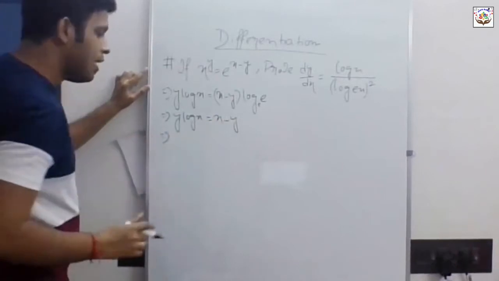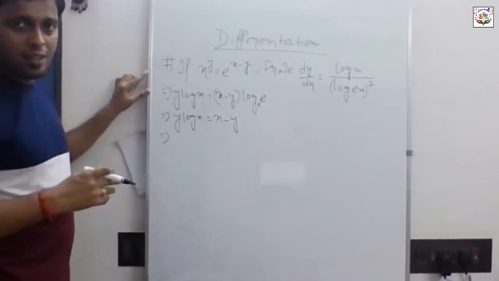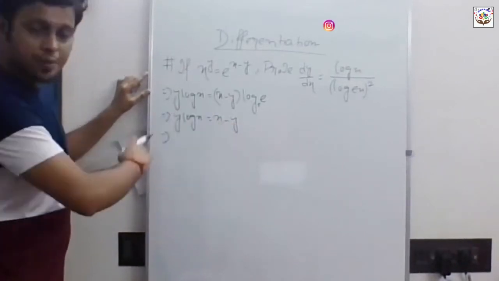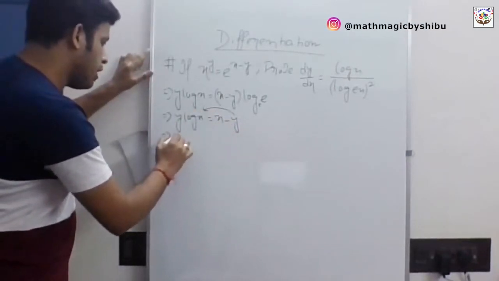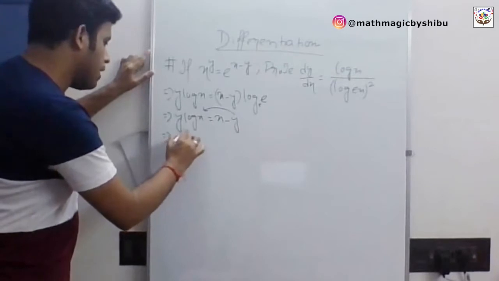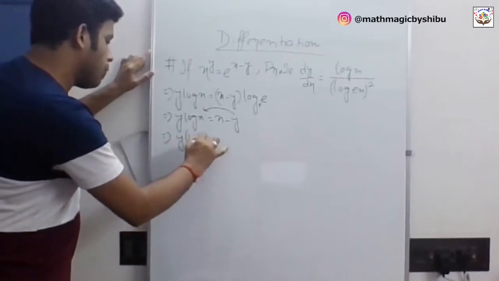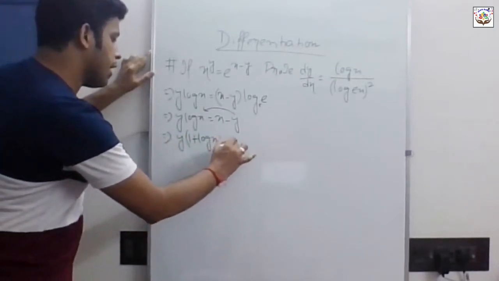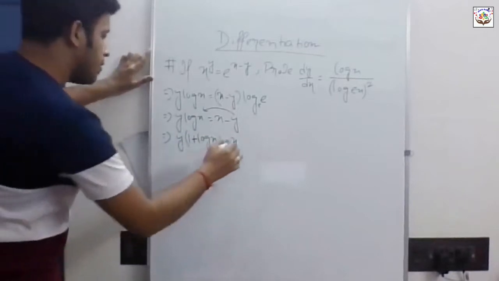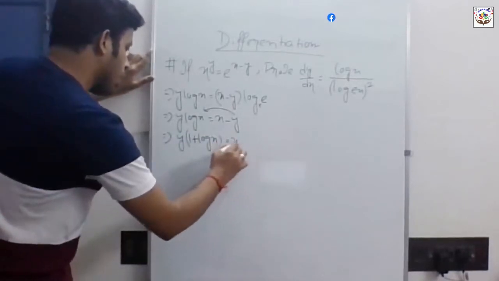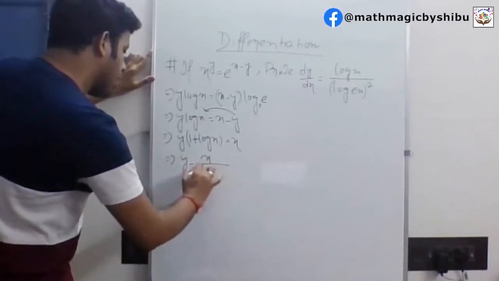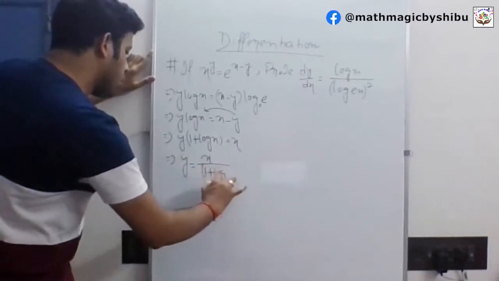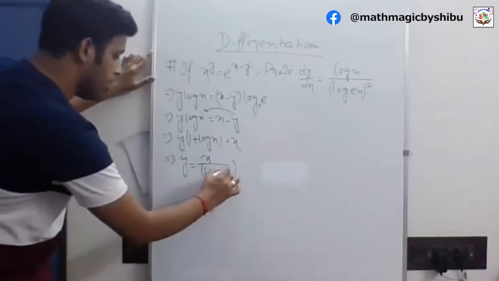Now take the y to either side, left or right. I am taking this y to this side. So we will get y(1 plus log x) equals x. Can we write y equals x by (1 plus log x)?